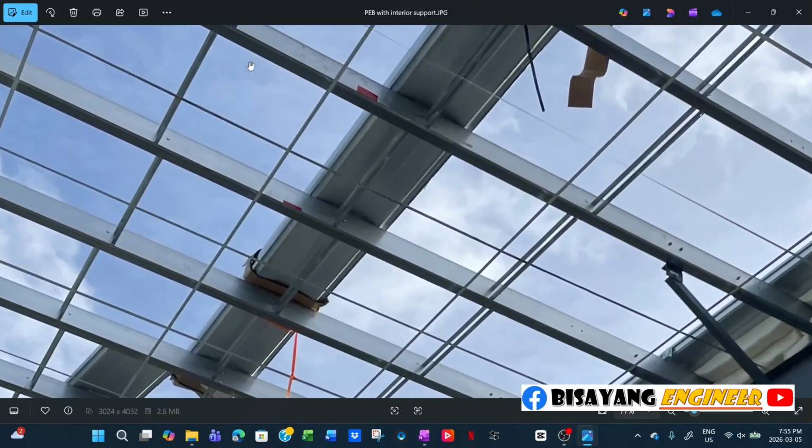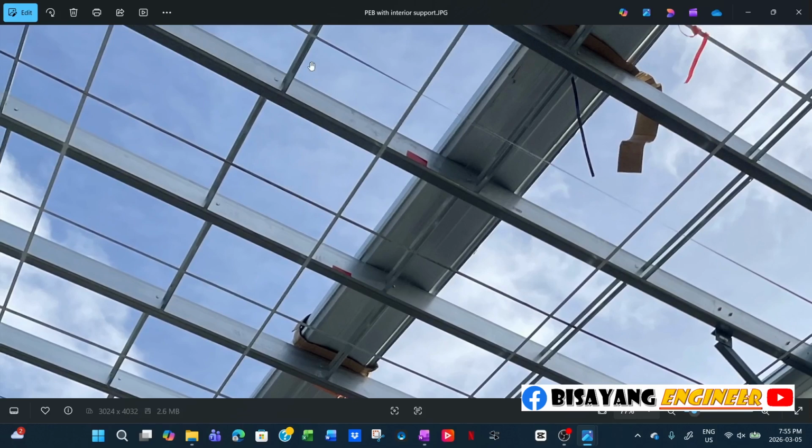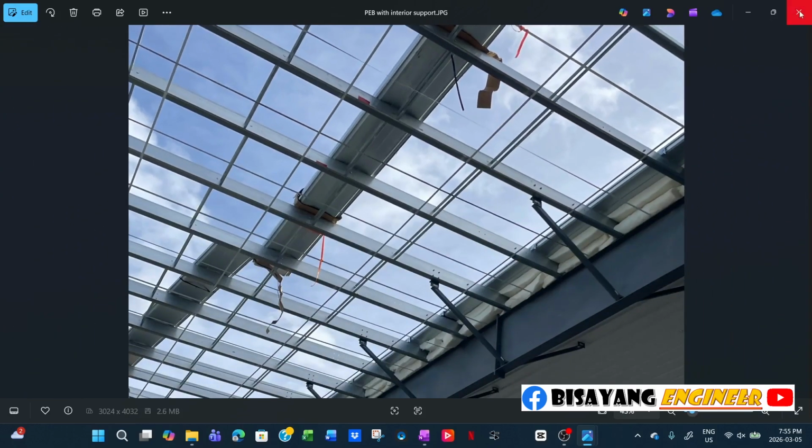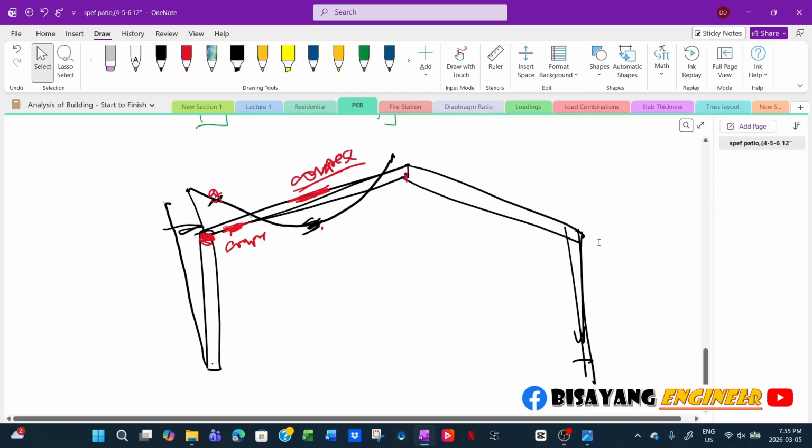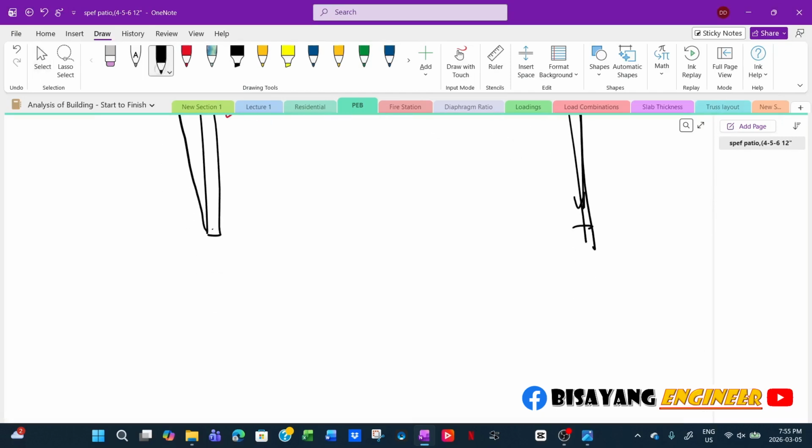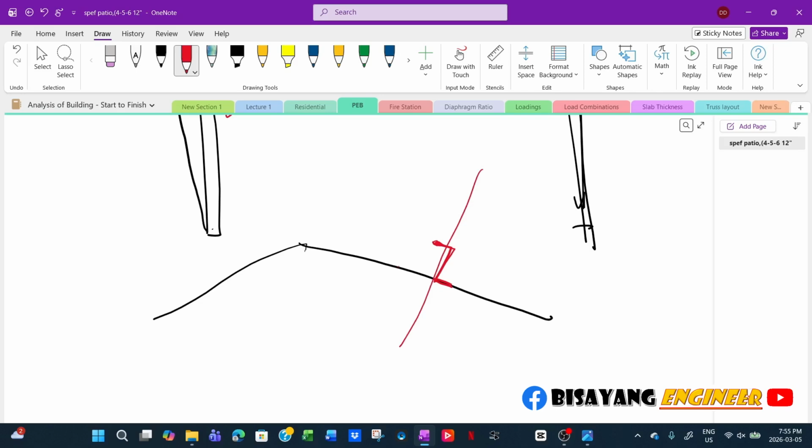Now, also in these buildings, for example, the roof of the building is sloped, right? So your purlins, because they have to be perpendicular to the frame, will be sloped as well.